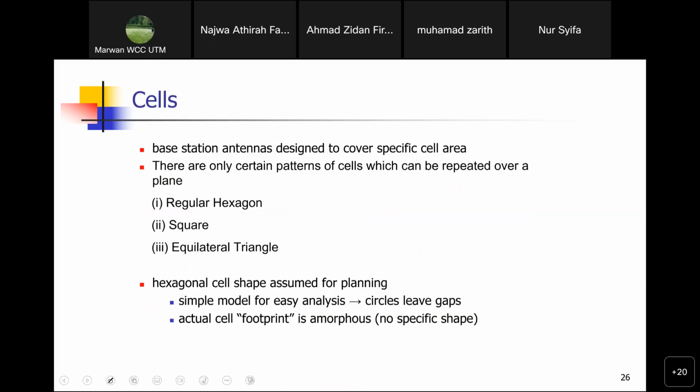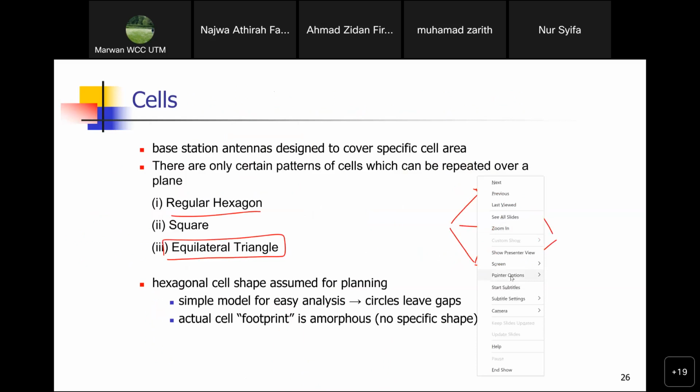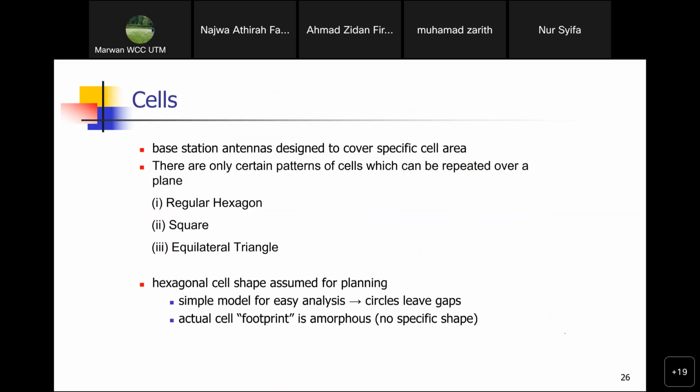So when it comes to cell, normally we use hexagon. When we use sectors, it turns out that it can go to the shape of a triangle.